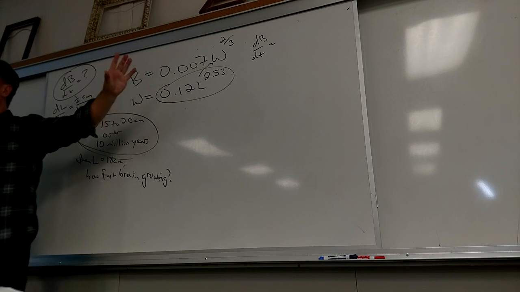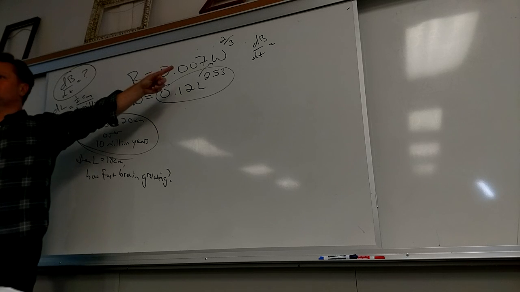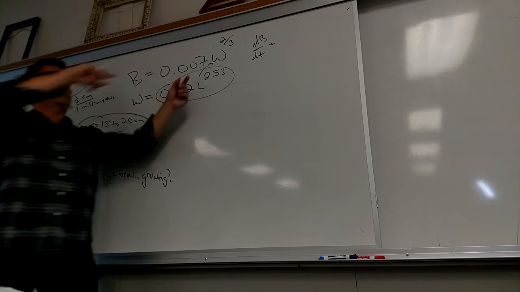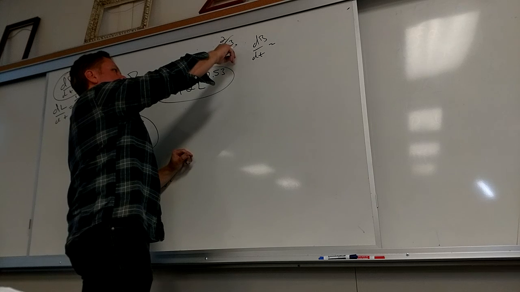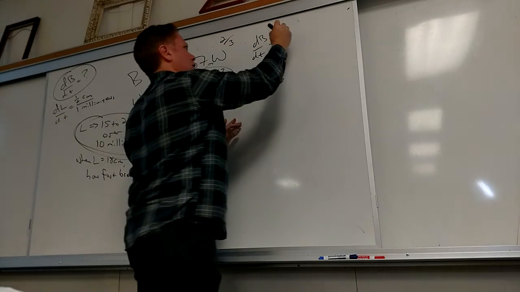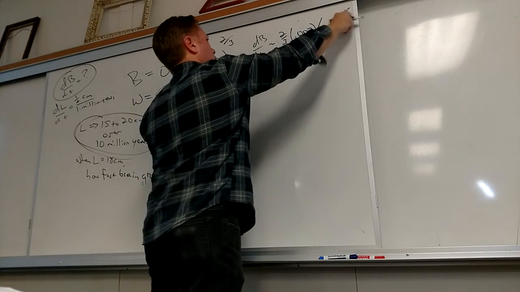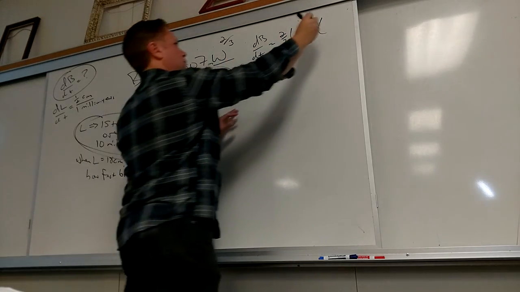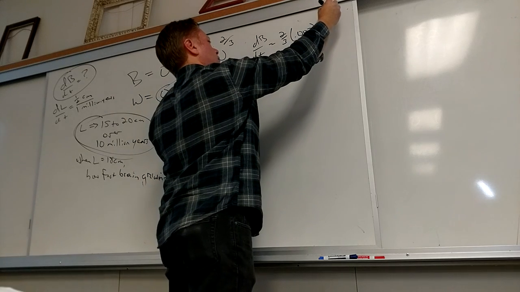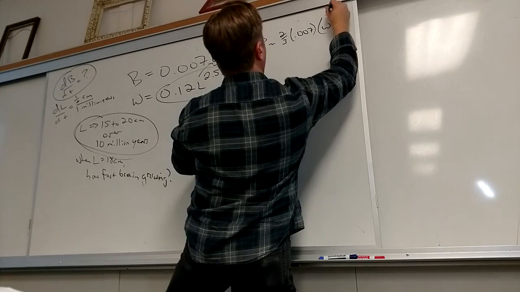We could do this. What's DB/DT? Here's B. So what's DB/DT? What's going to happen here? 2/3 comes down. Don't freak out. So it'll be 2/3 of 0.007. And what happens to this piece? It becomes W to the negative 1/3.